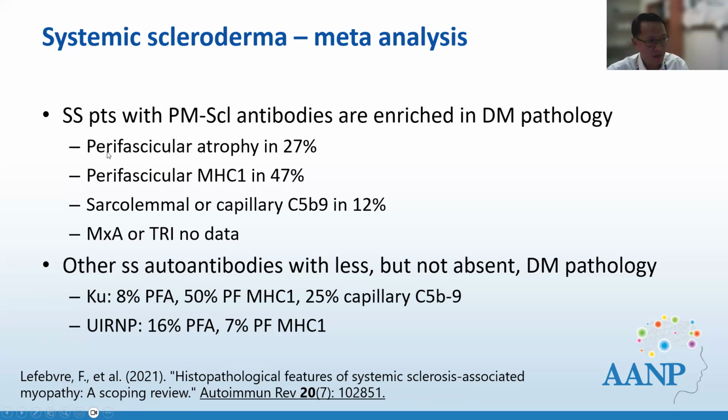So it says that about a quarter can show perivesicular atrophy, and about half of them can show a perivesicular MHC1 upregulation pattern. And they can also have sarcolemmal or capillary C5b9 staining. The other antibody variants like Ku and U1RNP, they can also show these perivesicular damages, but they're less common.